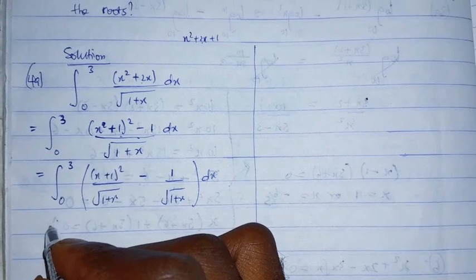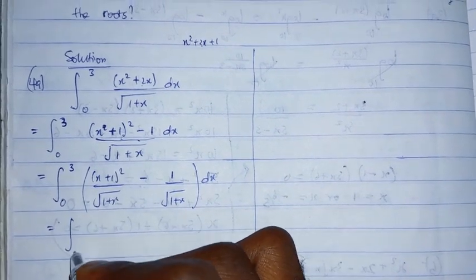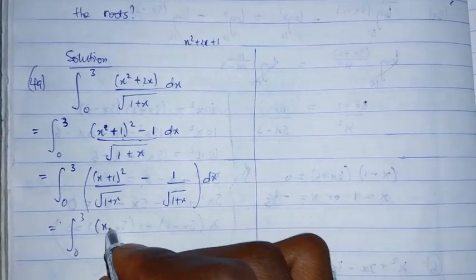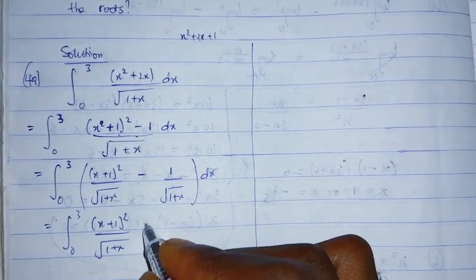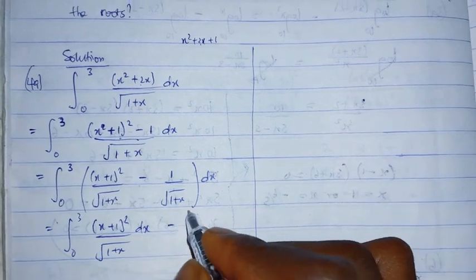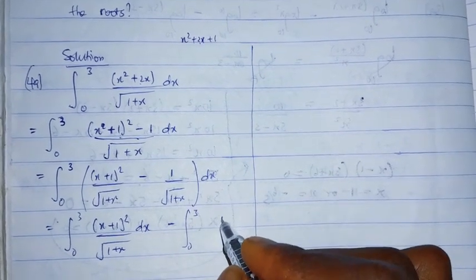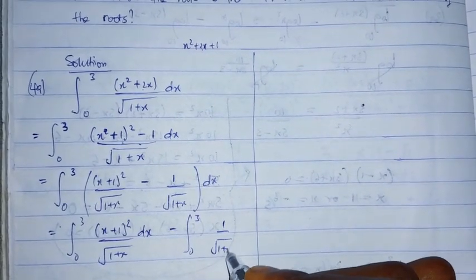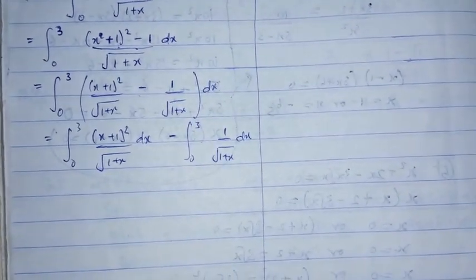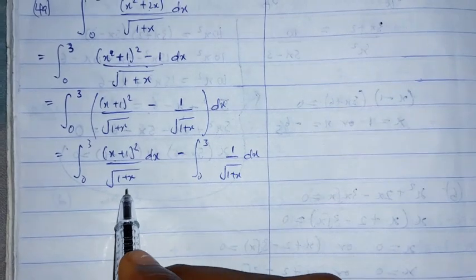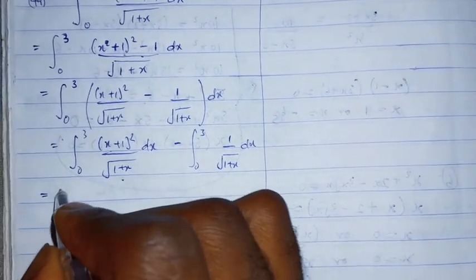So that becomes the integral from 0 to 3 of (x plus 1) all squared over the square root of 1 plus x dx, minus the integral from 0 to 3 of 1 over the square root of 1 plus x dx. Now, from here, you can see I have x plus 1, and I have 1 plus x down here. So what should I do here?